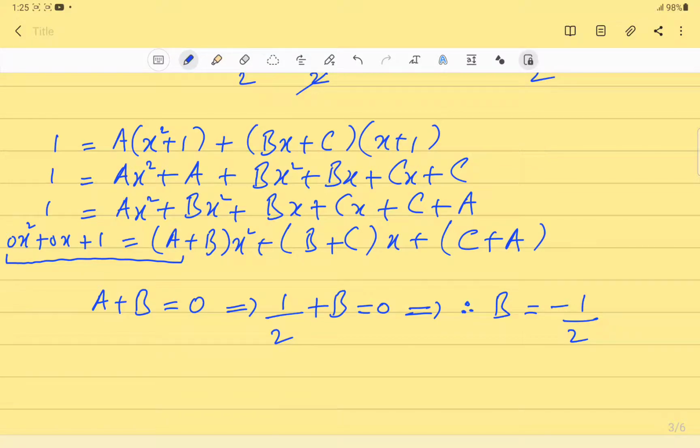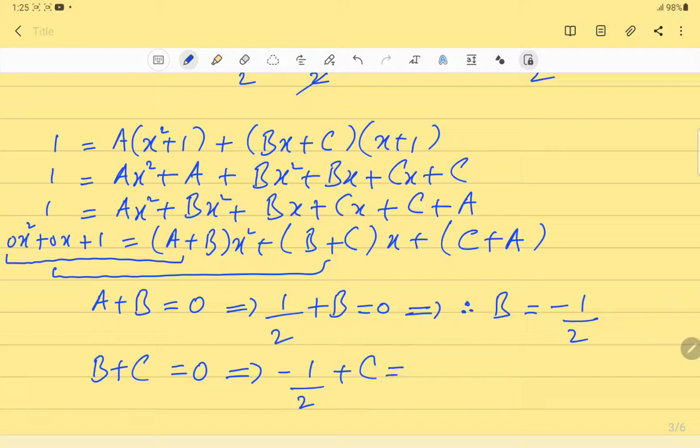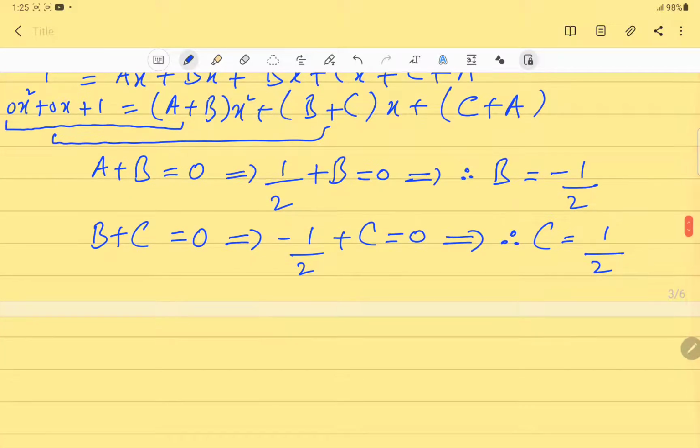Now we will compare the coefficient of x on both sides. So we get b plus c is equal to again 0. We have the value of b, which is minus 1 over 2 plus c is equal to 0. So our c comes out to be 1 over 2. Now we have the values of all the three constants, and therefore we can write our partial fractions now.